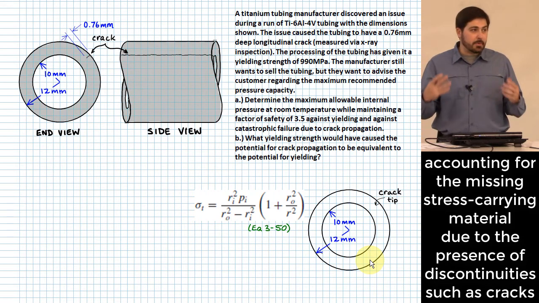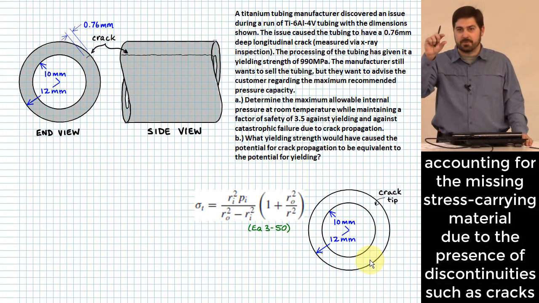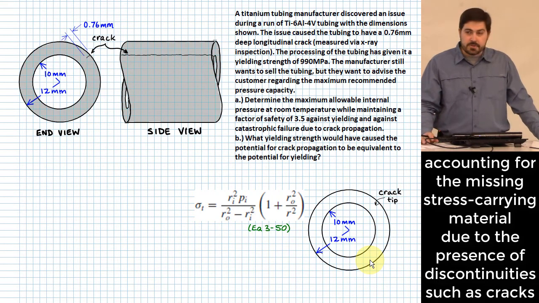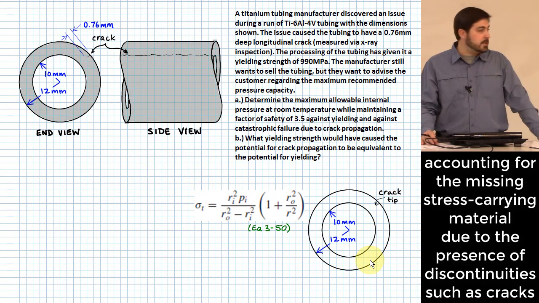There's a lot of example problems out there I've seen where it doesn't look like they did anything to try to account for the fact that there's less area due to the crack. And I'll just say that those authors who did those kinds of example problems may have a good reason for doing that. It just makes me uncomfortable.